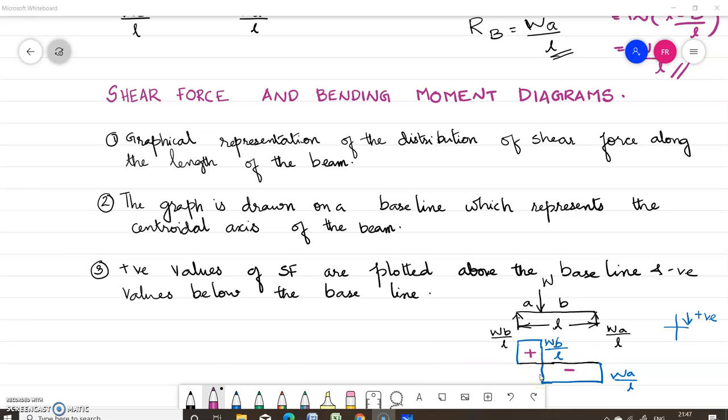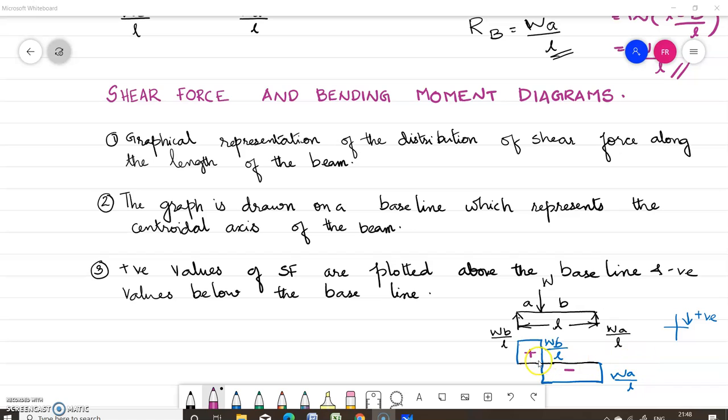So what are the things we have to mark? We have to mark the salient points, like the points where the values are maximum or minimum, and the points where the nature of variation changes. So here you can see the shear force diagram varies from negative to positive at this point. And we have to mark the nature of variation between the salient points.